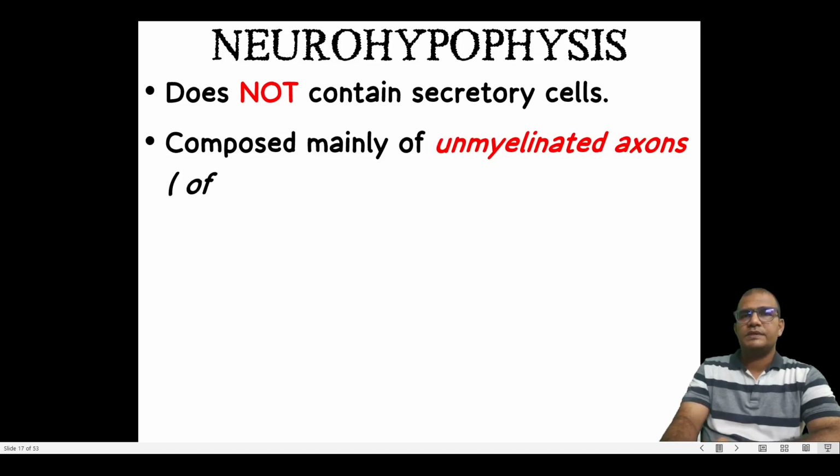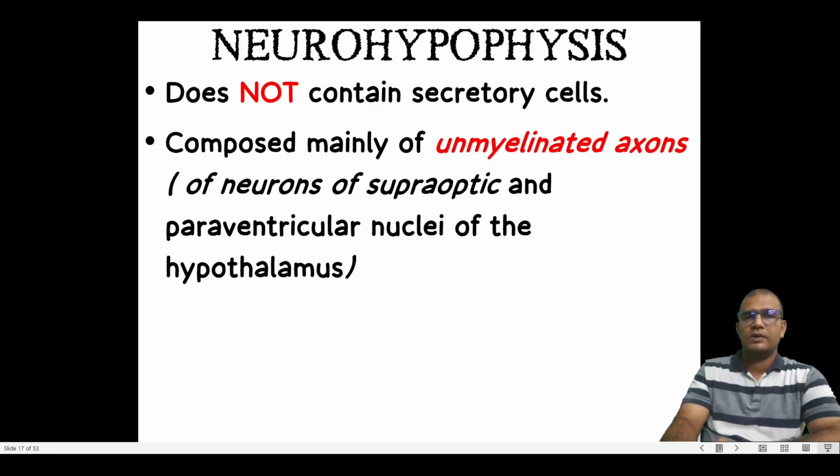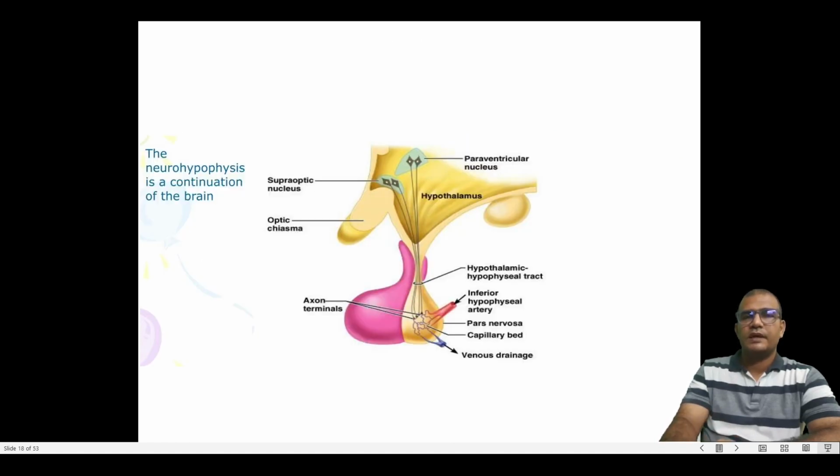The neurohypophysis is mainly composed of unmyelinated axons, which come from the neurons of the supraoptic and paraventricular nuclei of the hypothalamus. Axons arise from neuronal cell bodies, and these neurons are situated in the hypothalamus in the supraoptic and paraventricular nuclei. In this diagram we can see the supraoptic and paraventricular nuclei and the axons arising from them, which enter into the pars posterior.